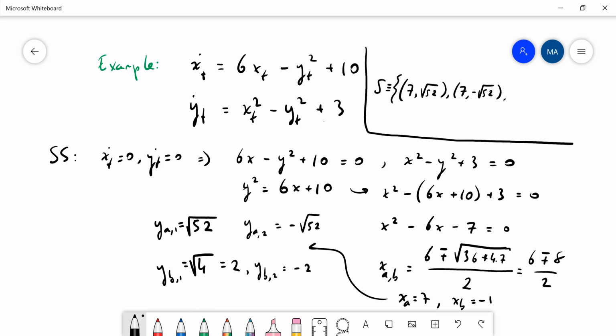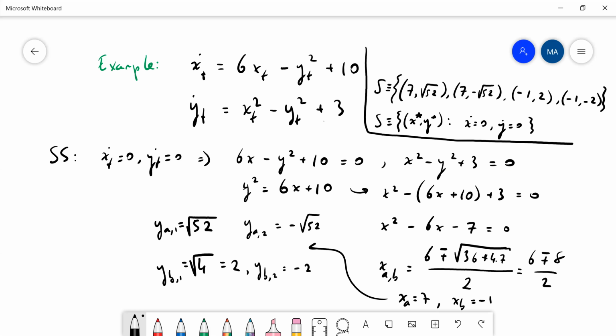Then you have minus 1, 2, and minus 1, minus 2. Let me just check. Yes, so these are the set of steady states. Again, you define the set of steady states by a typical element x star, y star such that x dot will be equal to 0 and y dot will be equal to 0. Since there's a quadratic formula here, your steady state points are several.